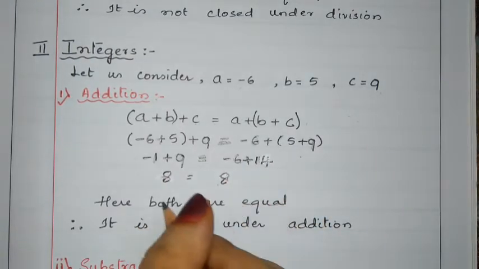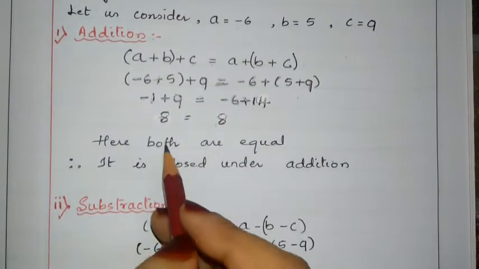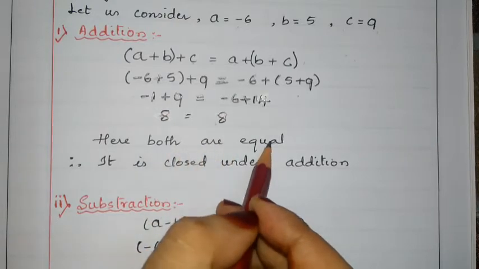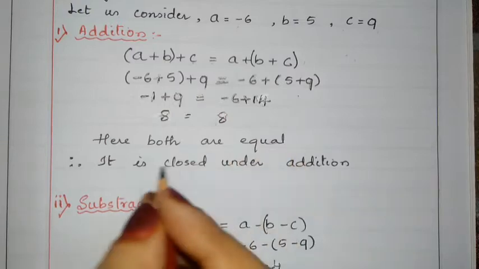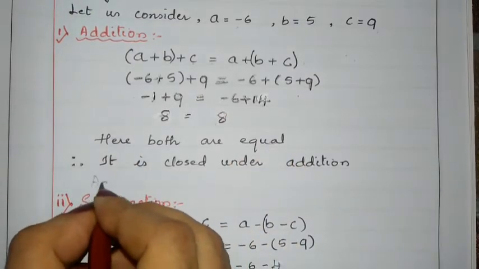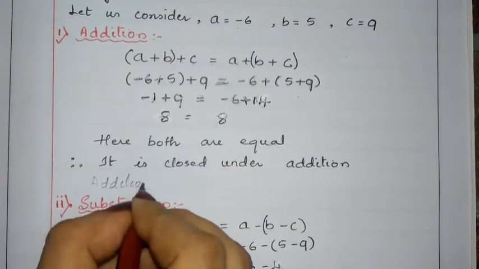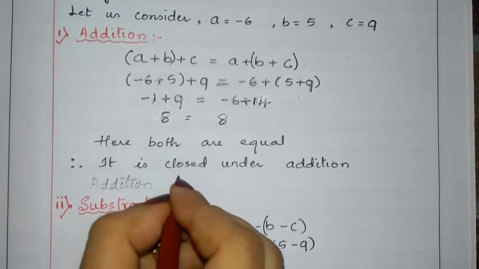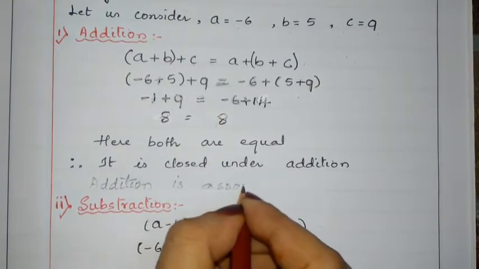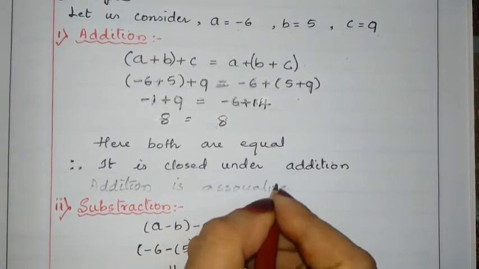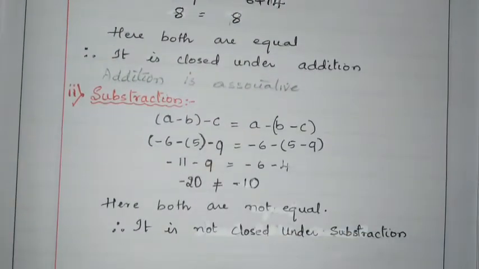So LHS is equal to RHS. Both are equal. Therefore it is closed under addition. Or you can also write that addition is associative for integers. It is associative.